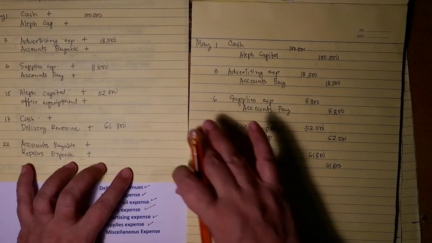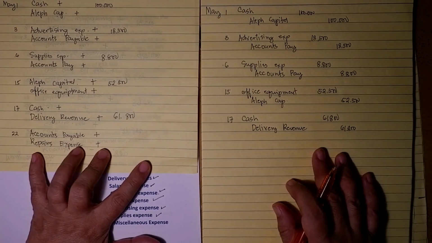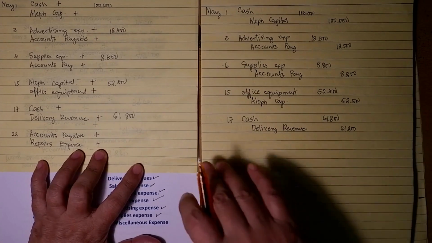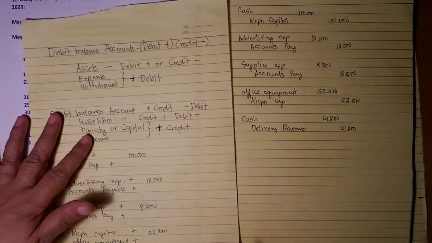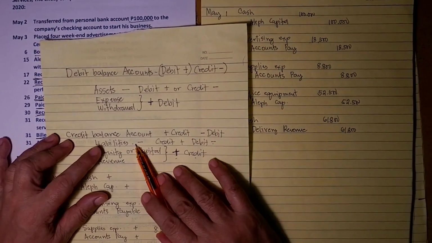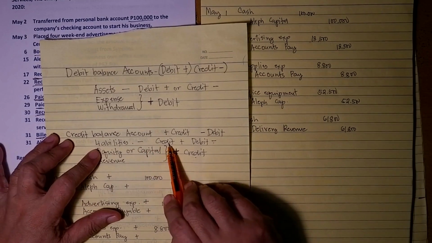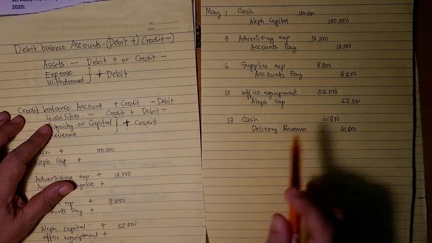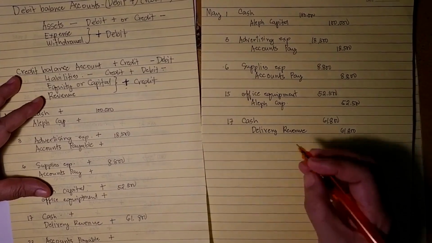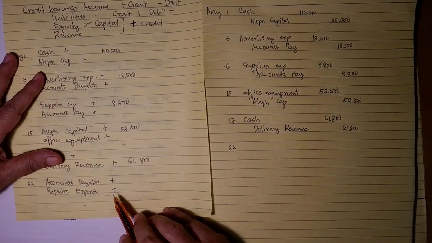Okay. Next is accounts payable plus and repairs expense plus. So accounts payable plus, in our guide, accounts payable is a liability. To increase our liability, it is credit. So it should be the second one. So we have 22. And we have repairs expense.